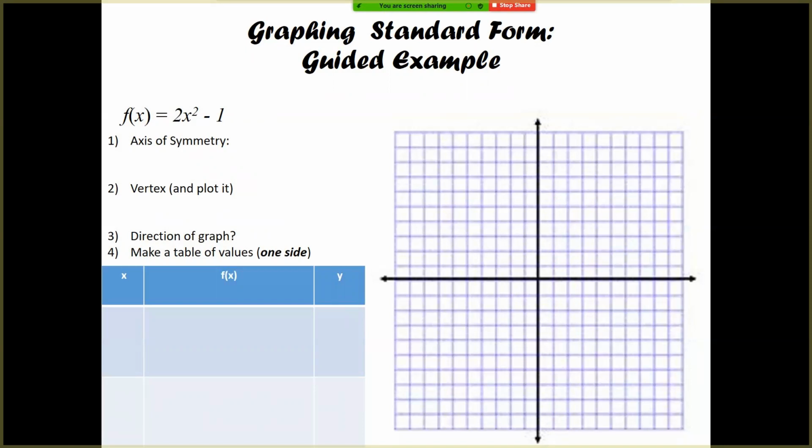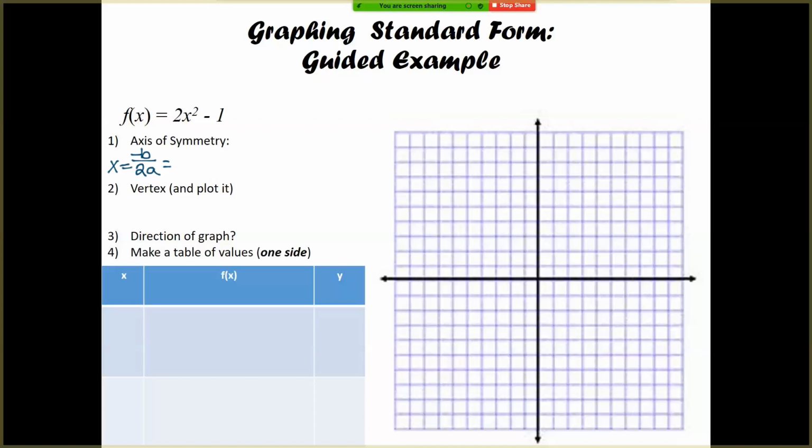For this one, the first thing we want to find is our axis of symmetry. The formula for our axis of symmetry is x equals the opposite of b divided by 2 times a. What do you notice about this equation? It's missing a term. You have to be able to decide what term is missing.